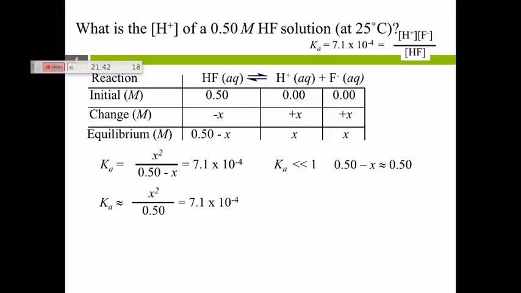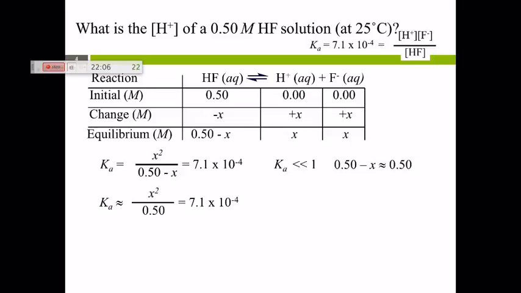All right, everybody done? So question, what is x? So I wrote it up here, right? Ka is about equal to x squared over 0.50.